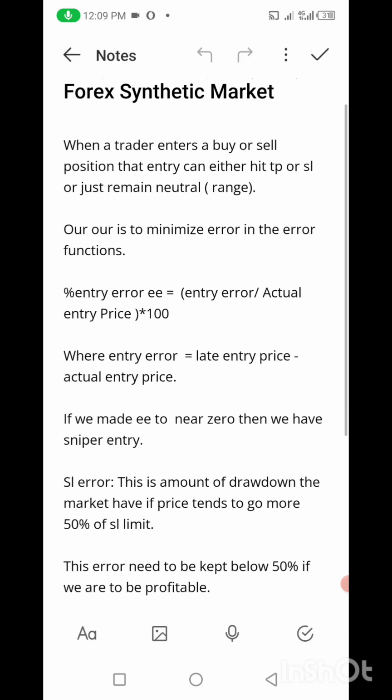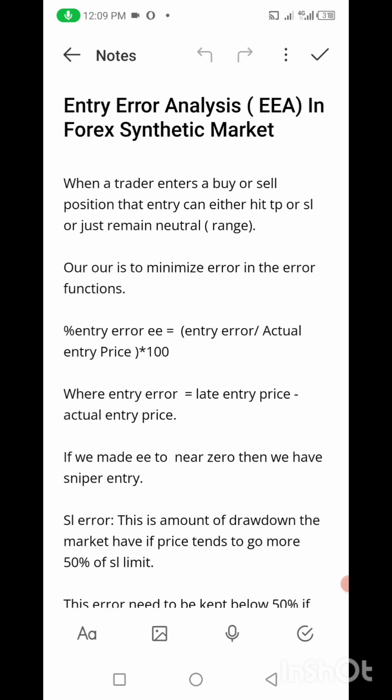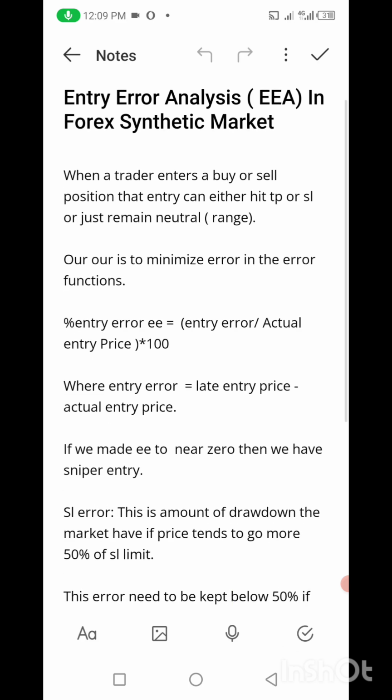Now I'm gonna read this document and also make more research on the internet to show you what error analysis means.